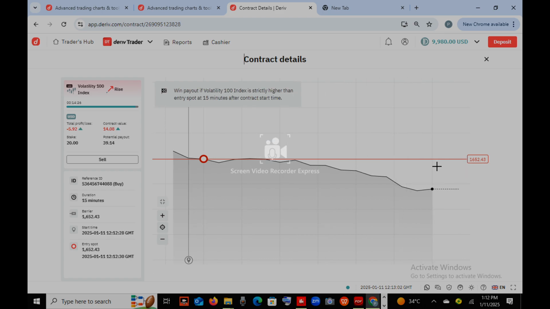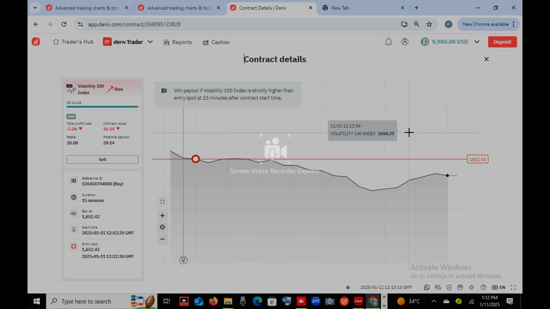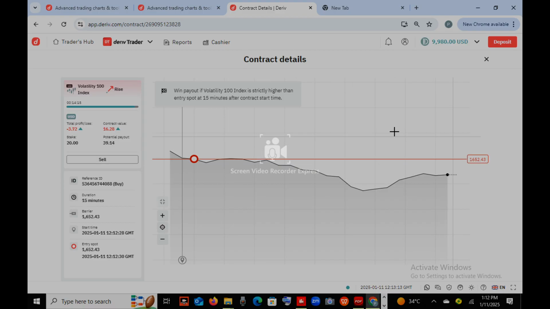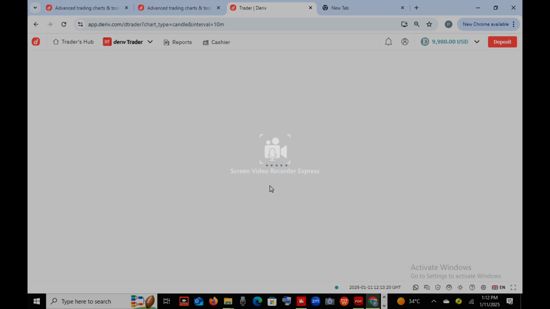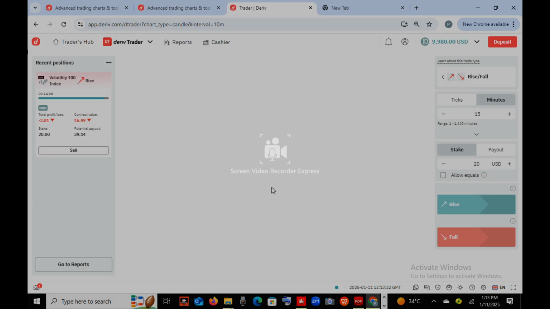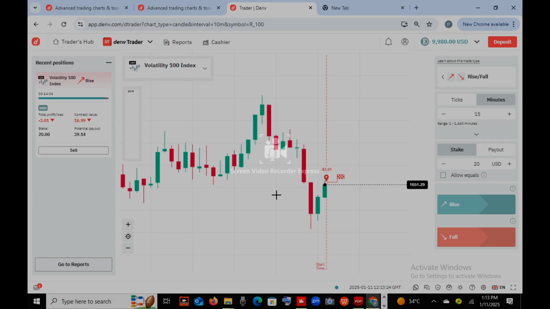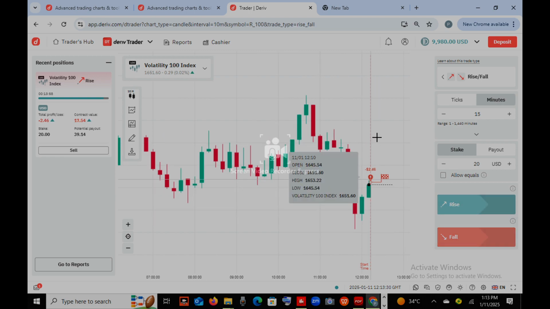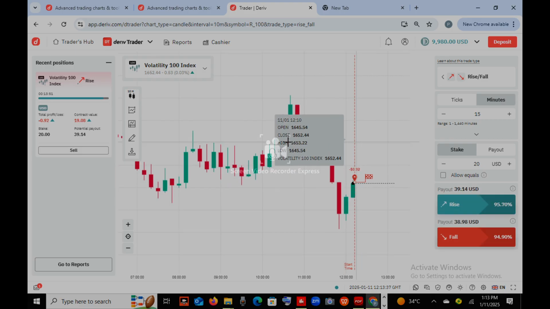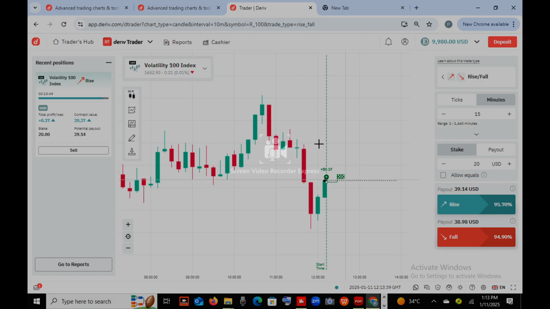This is going to be a long buy, but there are just some little downward movements at the very moment you're seeing. So we can close this and still go and take a look at what the market is doing. So you can see it is going to be a long buy, but there are still some little downward movements here to make you feel that it is not going to go in your direction.